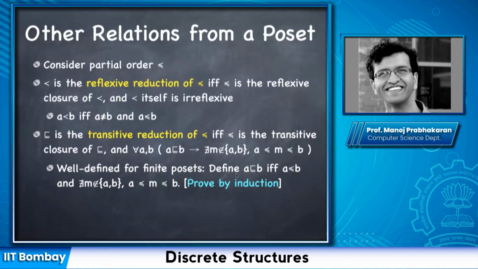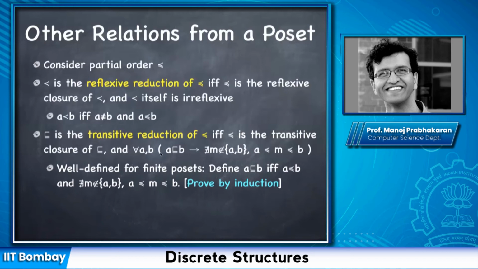Whatever you are left with, define that as the new relation, and you can prove that if the poset is finite, okay, so this is going to be a proof by induction, which applies only to finite posets, that this resulting new relation will satisfy this property.